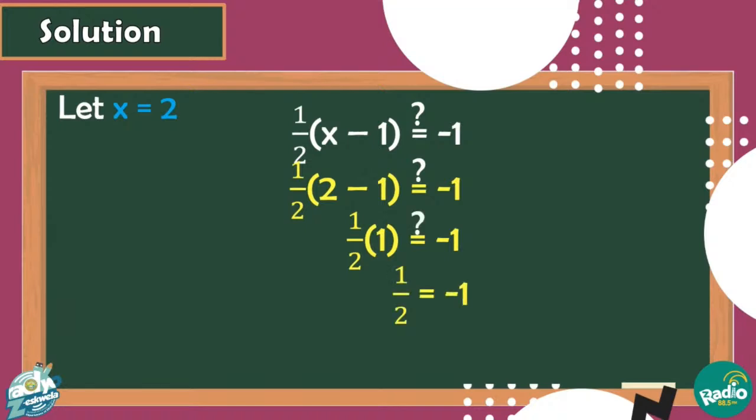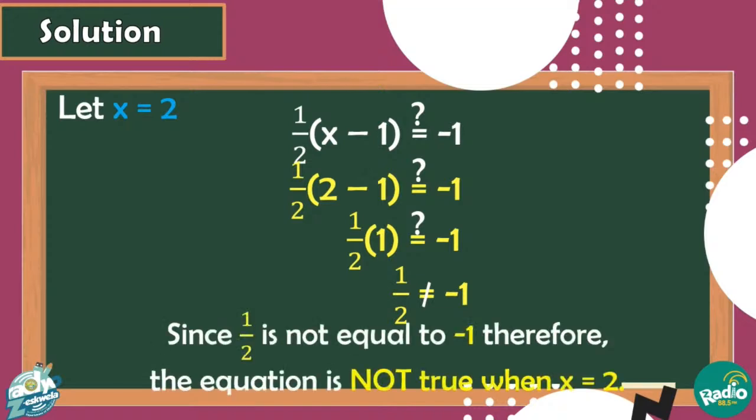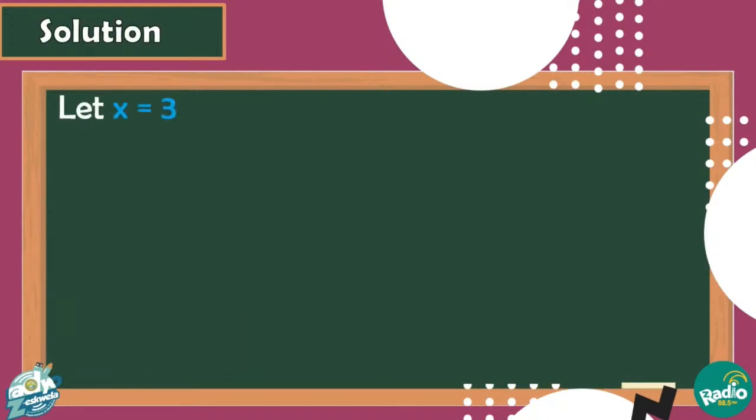And simplify further, the result now becomes 1/2 is equal to negative 1. Is it true? Since 1/2 is not equal to negative 1, therefore, the equation is not true when x is equal to 2.